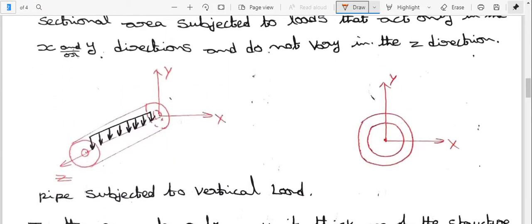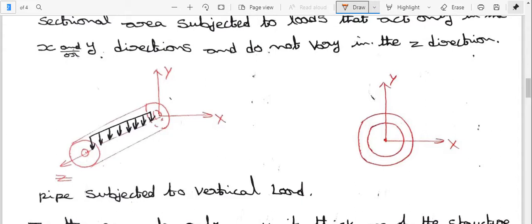The assumptions of plane strain are realistic for long bodies with constant cross-sectional area subjected to loads that act only in the xy directions and do not vary in the z direction.